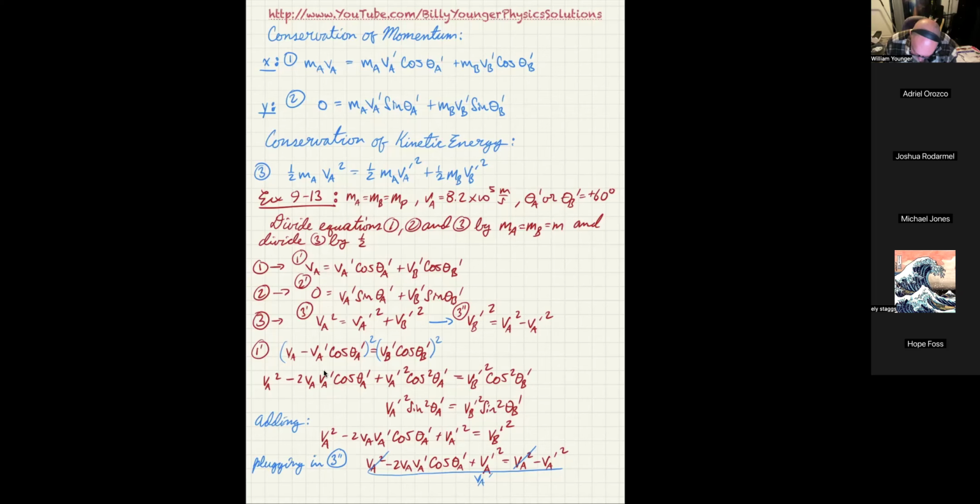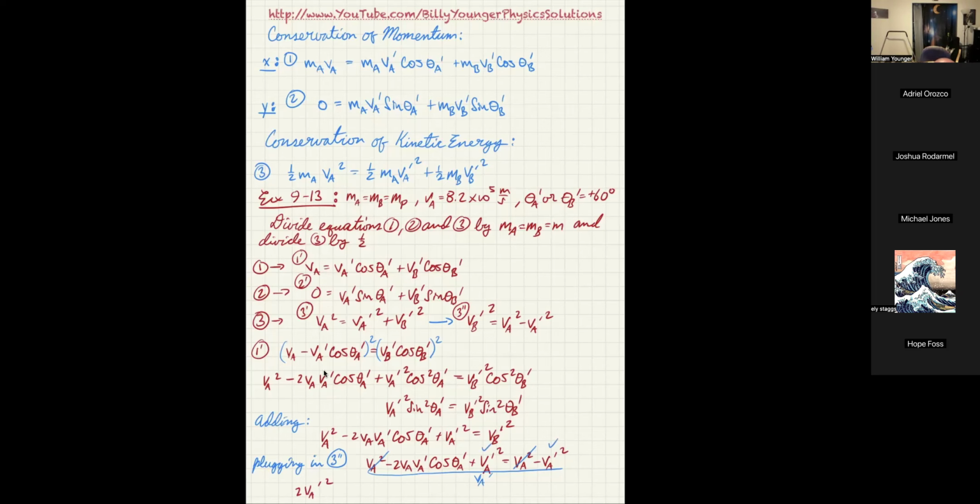I'll pull the VA prime squared from the right-hand side, the negative one, to the left-hand side, where it becomes positive, and I get 2 VA prime squared.